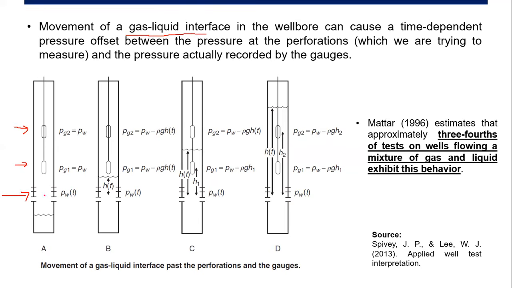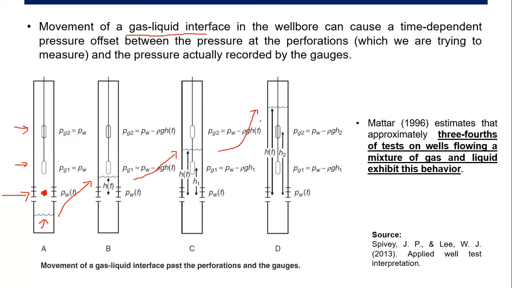The most important thing is here, PWF, the pressure at the perforation interval. But what we measure is actually the pressure at the gauge. Okay, so here you have the interface between gas and liquid moving up from point A, B, C, D, the interface moves up. All right.